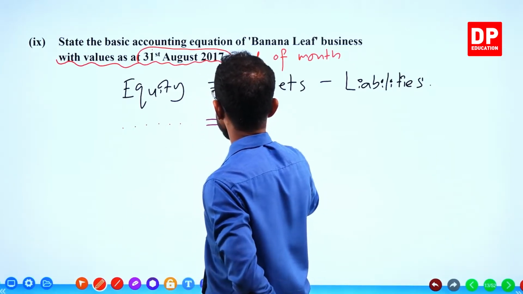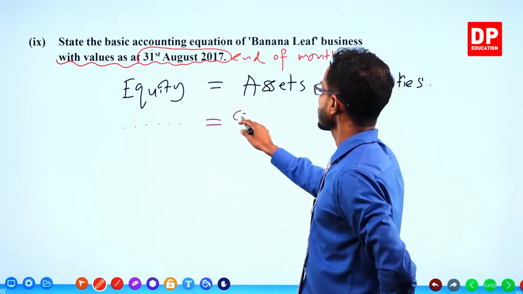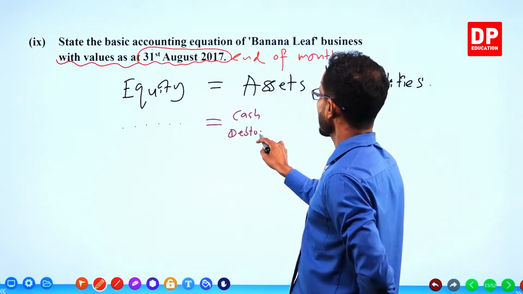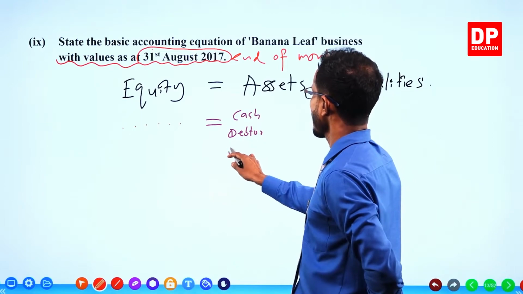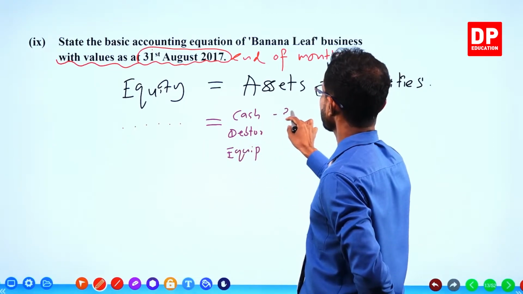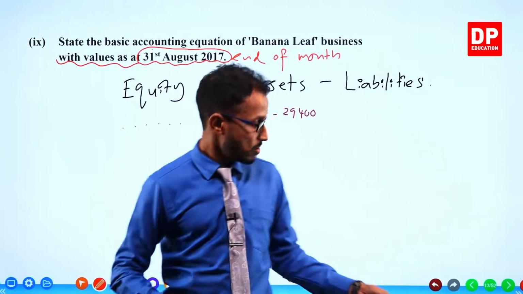Assets: we have cash, we have debtors, and we have equipments. Cash 29,400. Remember? We calculated.